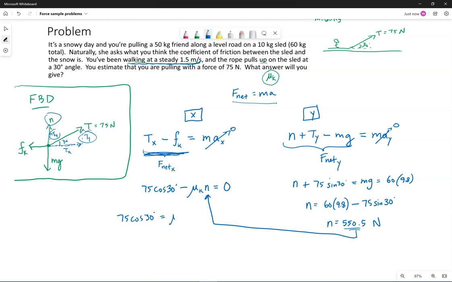If I take this to the other side, I can now solve for mu. So it's 75 times the cosine of 30 divided by that normal force. 0.118. So at best we have 2 sig figs, so 0.12.